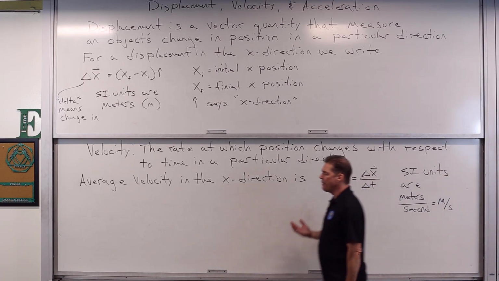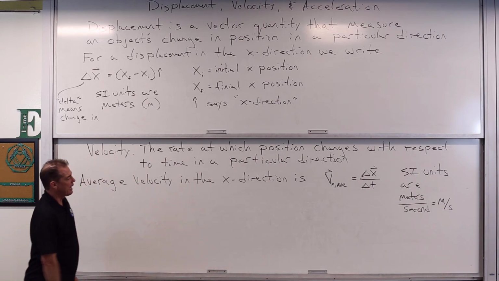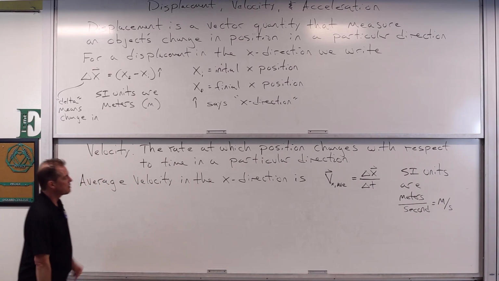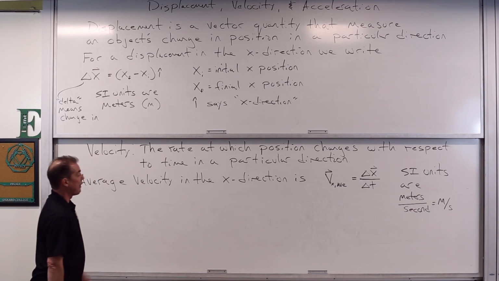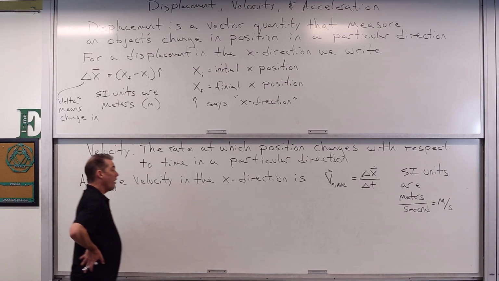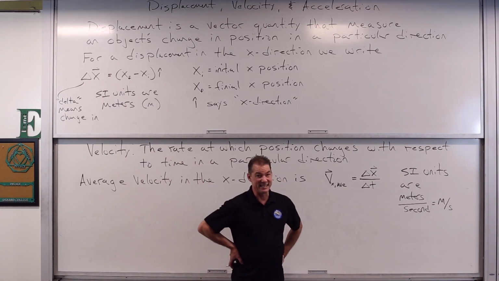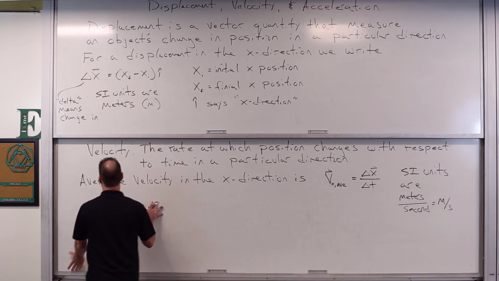So constants and averages are ultimately defined the same way, and that's something that comes in a little bit handy from time to time. But nonetheless, this is just our average velocity. What we also want to be considerate of is instantaneous velocity.